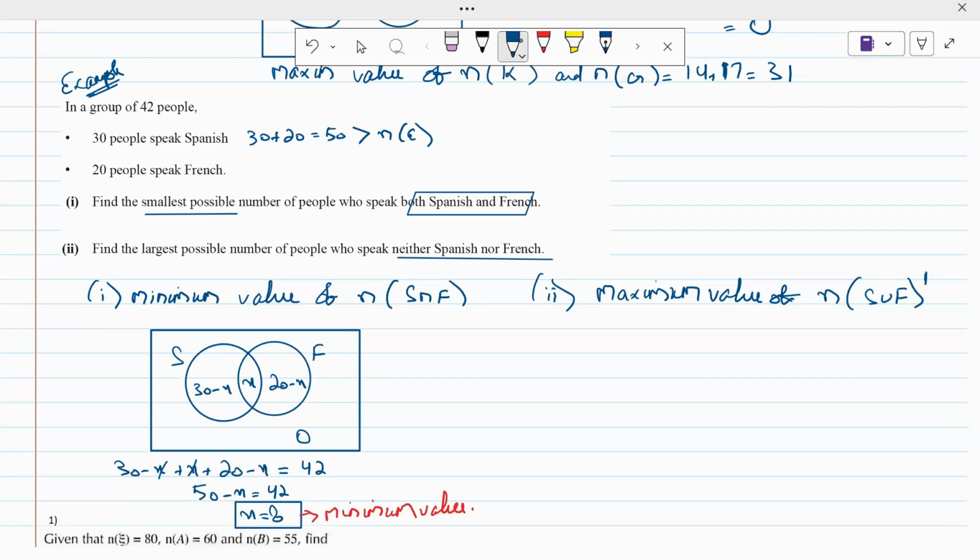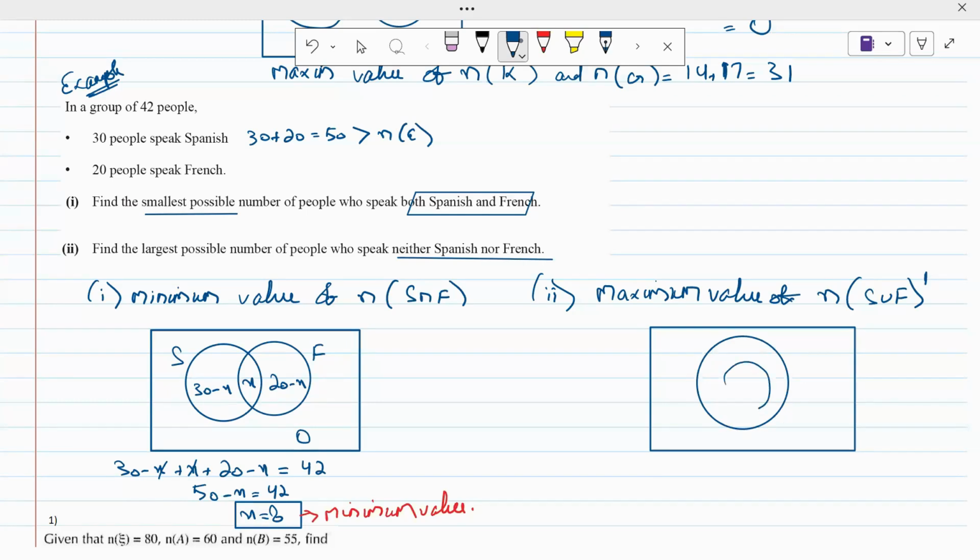What do you think? Should this be the case of small intersection or subset? Subset. Yes. For the outside region to be maximum, it's always a subset. So the smaller value, French, goes inside. The bigger value, Spanish, goes outside.